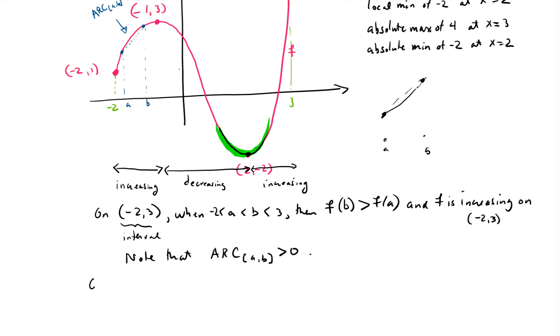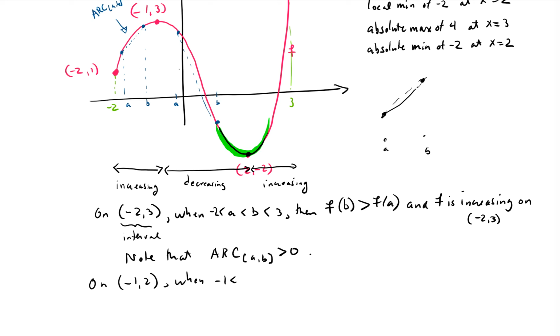So similarly, if I look at the interval minus 1, 2, if I now take 2 points, let's say one that's here and then another one that's there, you can see that f of A will be greater than f of B, and for any A and B on this interval, you're going to have a negative average rate of change.